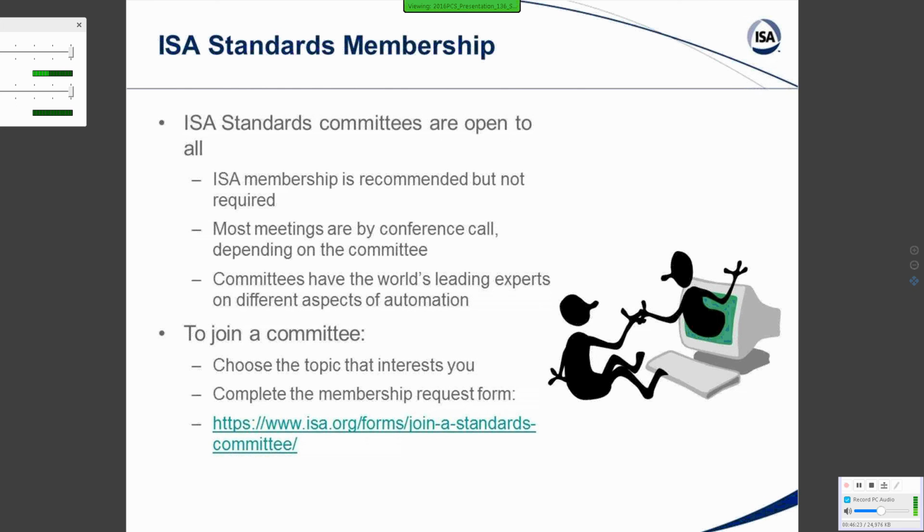There are requirements, at least for voting members of a committee, that you have to have certain representation of producers or manufacturers, certain representation of end users, certain representation of contractors and solution providers, representation of academics or government or consultants, and that none of those constituencies can be a majority.